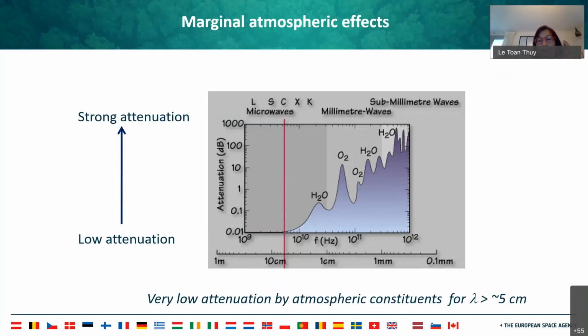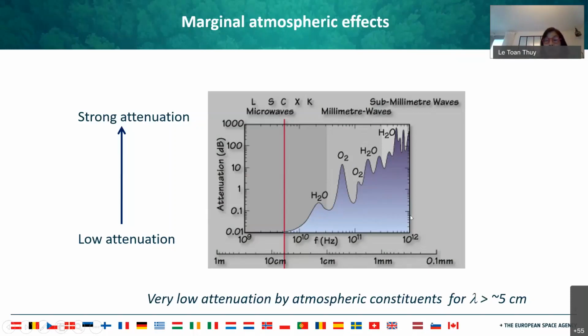But what about the atmospheric constituents, water vapor, oxygen, etc.? Here you can see attenuation versus frequency or wavelength. Low attenuation is 1, and strong attenuation is 1000.